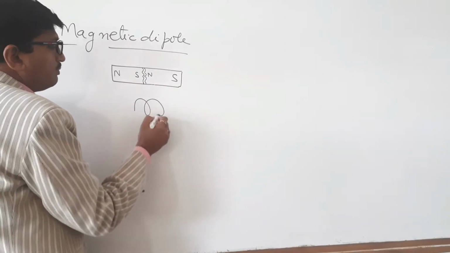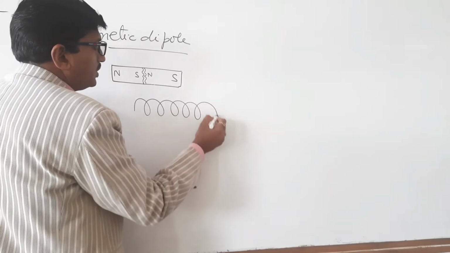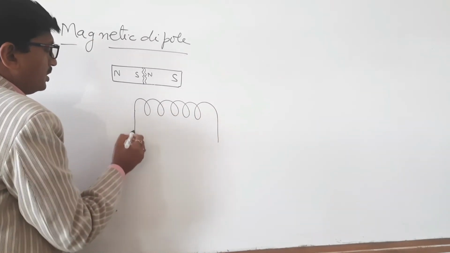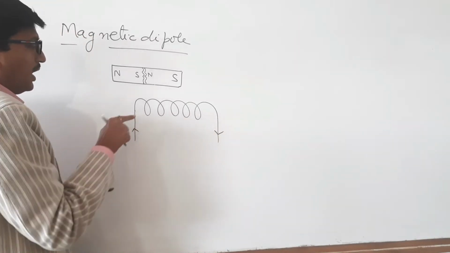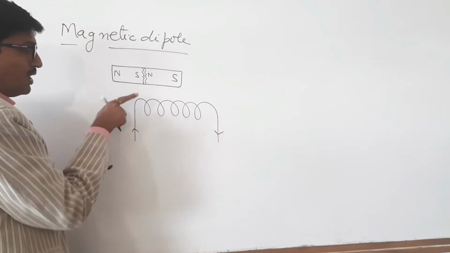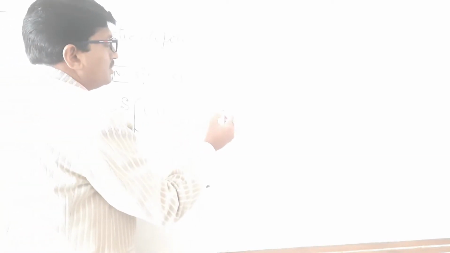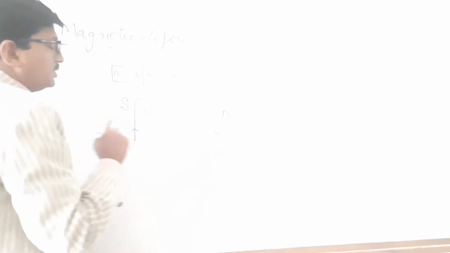In case of an electromagnet, suppose current is flowing from this direction to this direction, and this is a clockwise flow of current, so it becomes the south pole. We can understand it by this symbol, south, and this pole becomes the north pole.